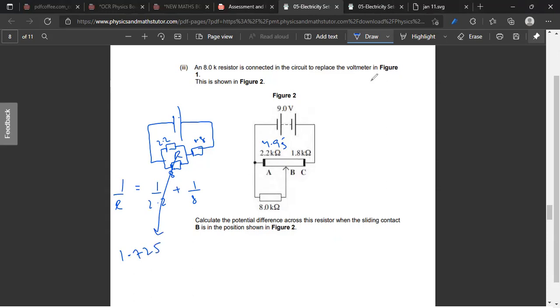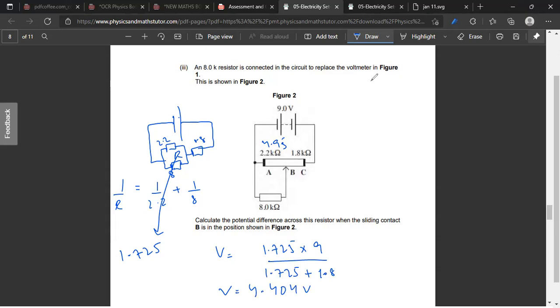So V should be equal to 1.725 times 9 divided by 1.725 plus 1.8. The answer for me is 4.404 volts.